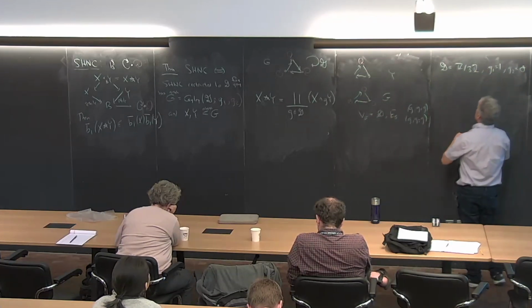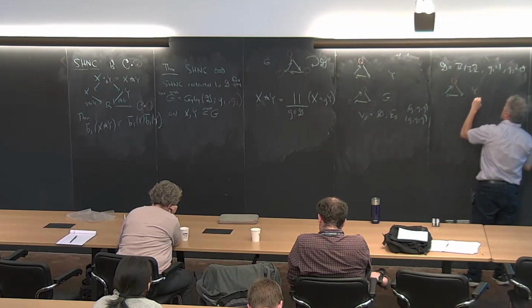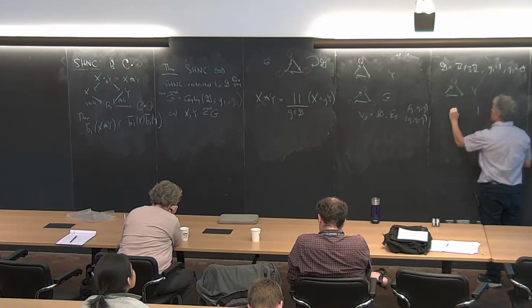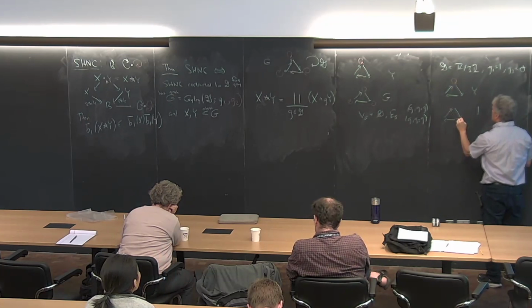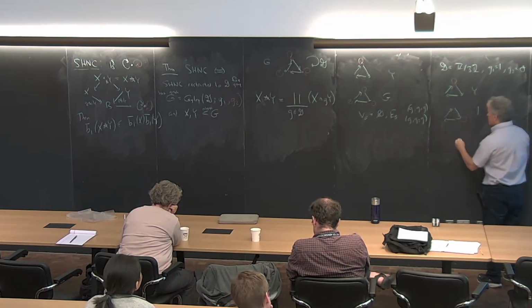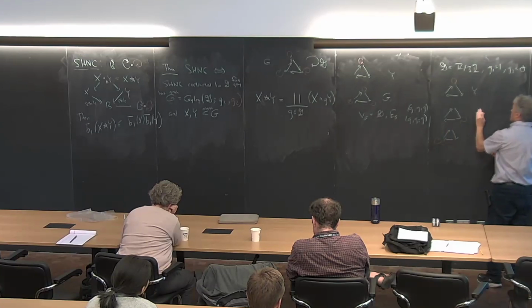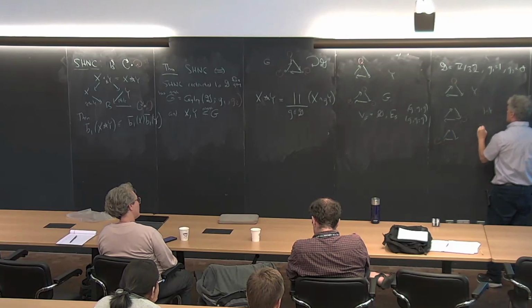So Y is a single loop here. Acting, we relabeled the vertices. Really, in a sense, you're just twisting this, but you still want to keep the labels the same. So 1 times Y and 2 times Y.